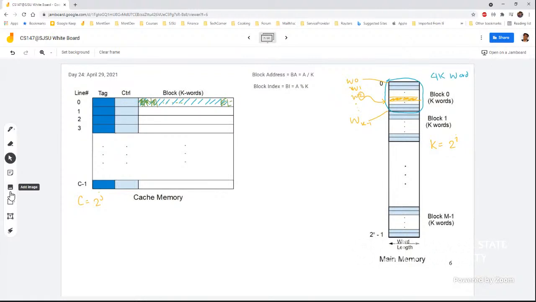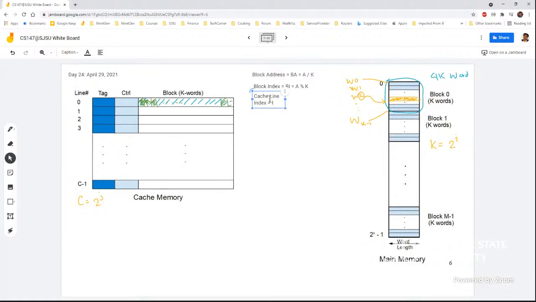Then we have something called the cache index. Cache index is the cache line that you want to access, or the cache line index.